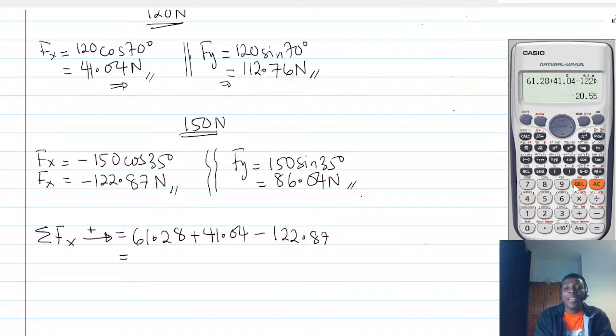So we get the x component to be minus 20.55, right? Minus 20.55 newtons.